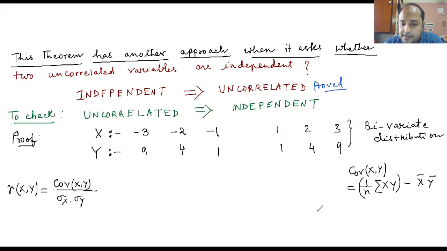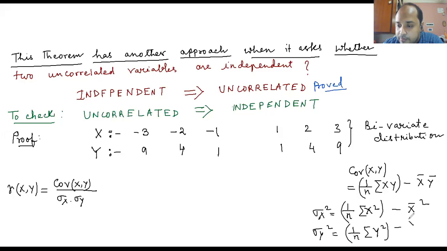Sigma x squared is given by 1 by n summation x squared minus x bar squared, where x bar is the arithmetic mean of x, and sigma y squared is given by 1 by n summation y squared minus y bar squared.